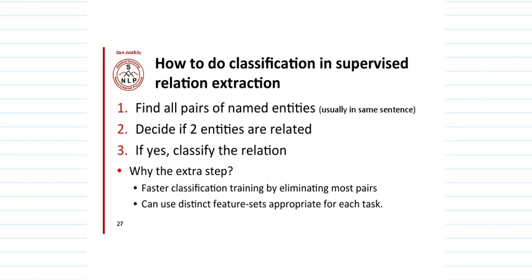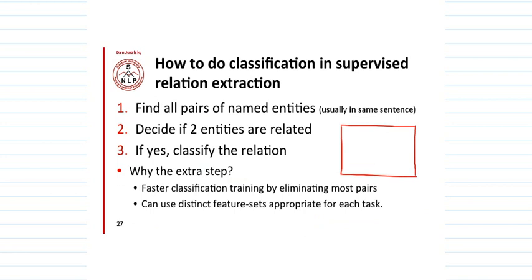So what we do is that for a particular text, we find the pair of named entities, and then we see whether these two named entities are related, and whether they could be put into the data set.